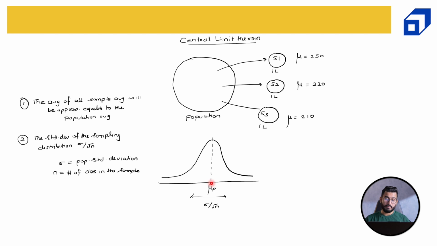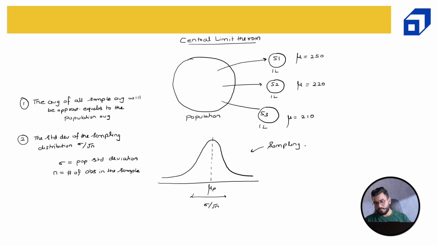And if I plot all these sample means in a histogram, it will closely resemble a normal distribution, and this distribution is known as the sampling distribution.